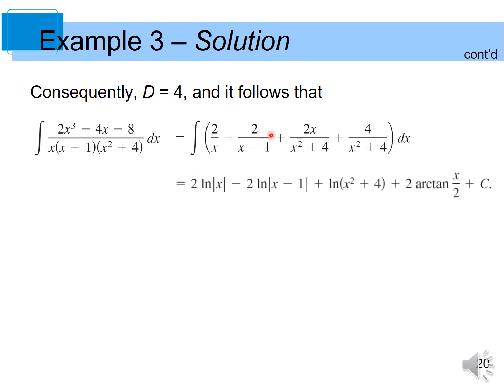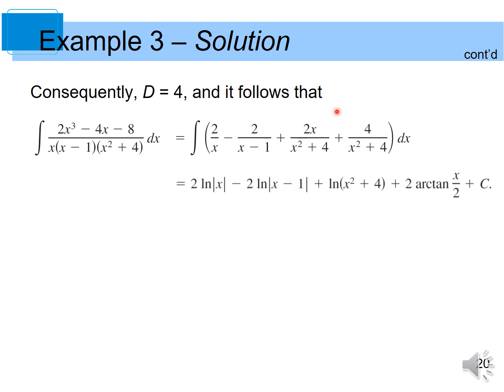And for the second term, it is also the same. Let u equal to x minus 1, so we perform the change of variable. So du/dx equal to 1. So we have 2 over u, where 2 is a constant, so we can take out the 2, and integrating 1 over u gives natural log of u.